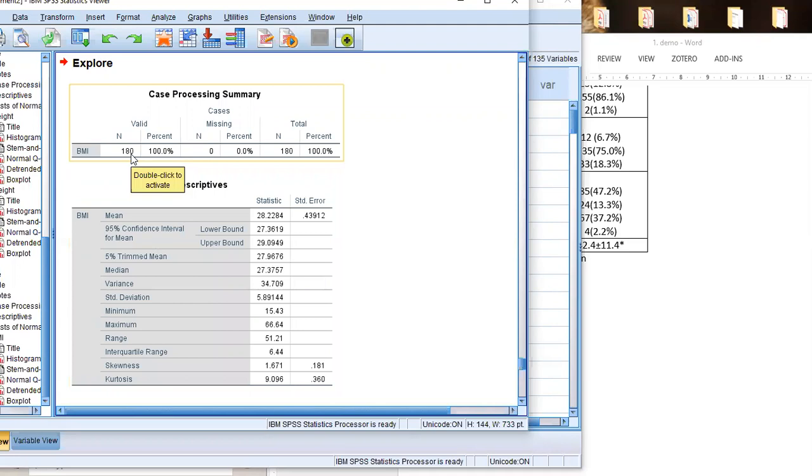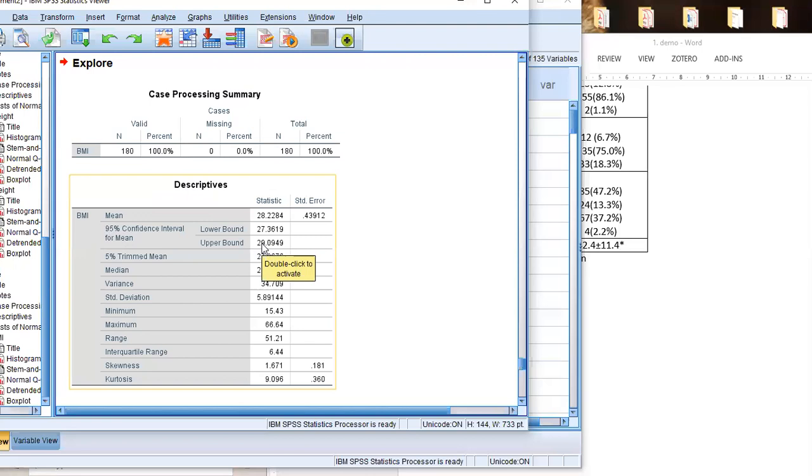What can you say about the entire population? So this is your 95% CI. We say we are 95% confident the mean BMI in the population, that means all the people in the location, is between 27 and 29.